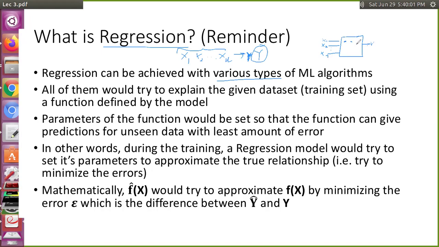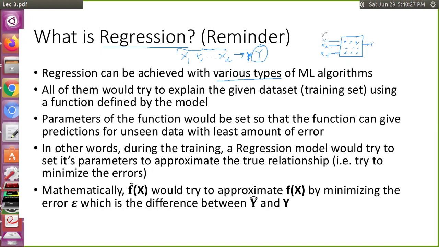There are certain variables in this model which we are going to edit by training this machine learning model, right? Initially we may have set these values to some random value or zero or some amount, right?